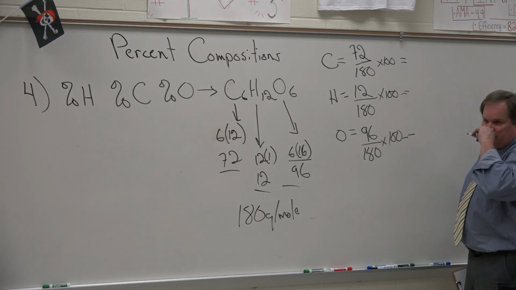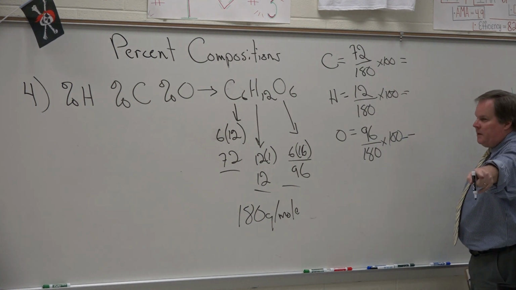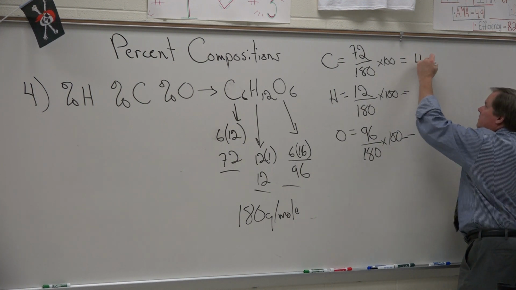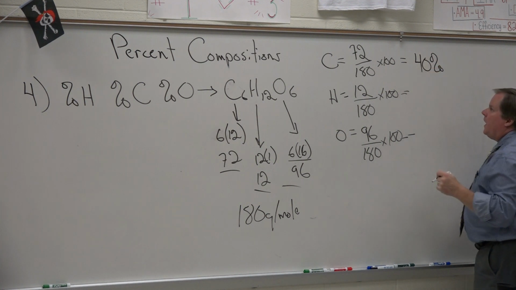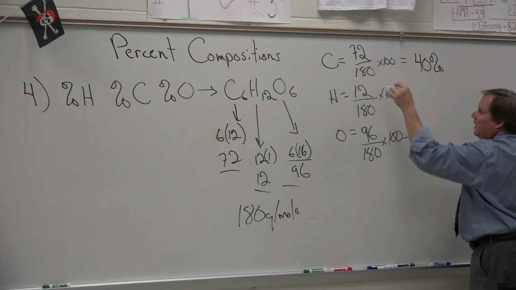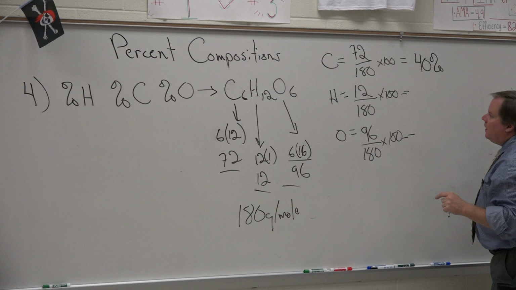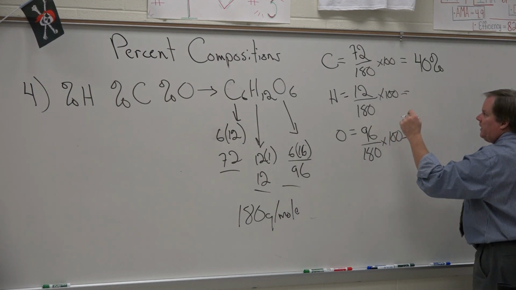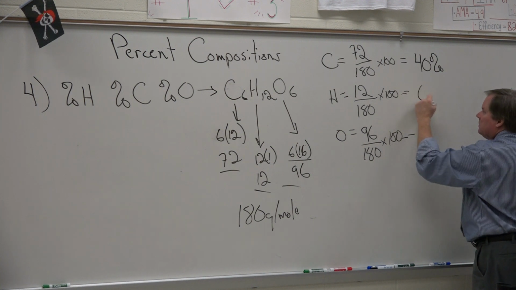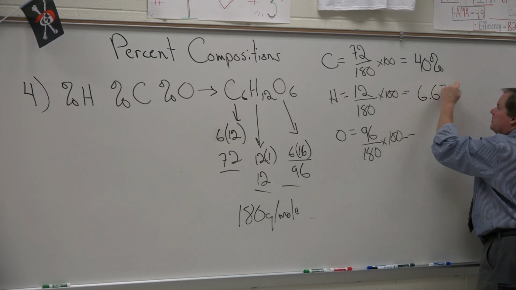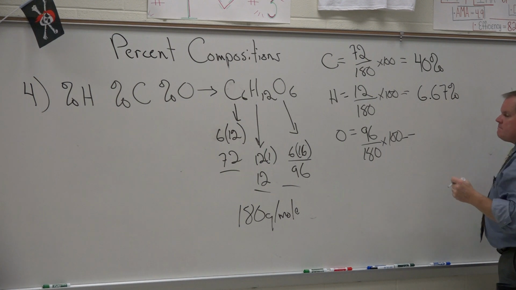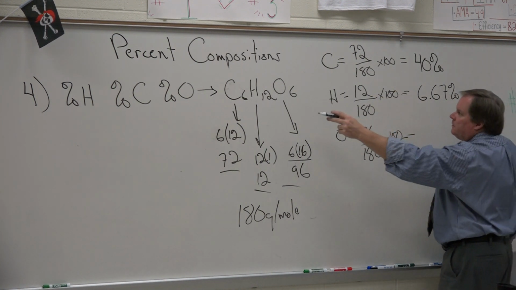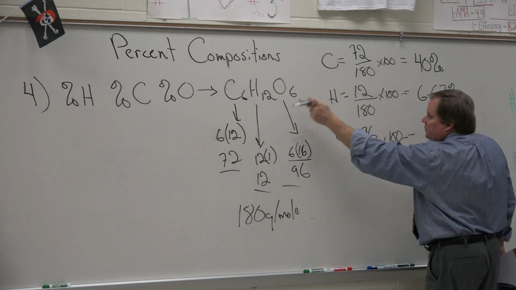All right, carbon percentage is? I got 40%. Is it 40% even? Yes. All right, that looks more like it, not quite half. Hydrogen, 12 divided by 180 is 6.67%.